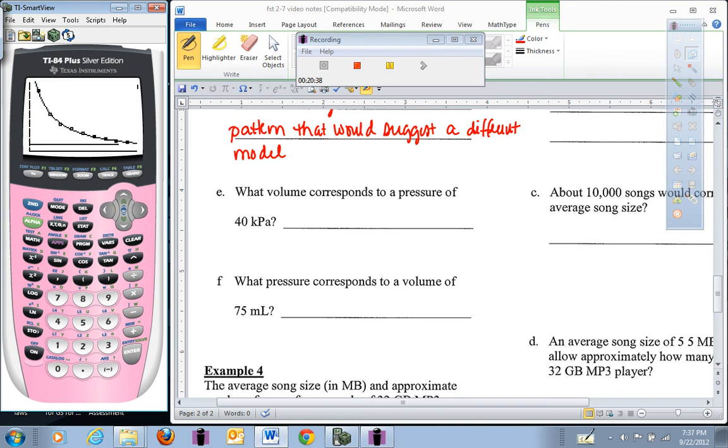Oh, it doesn't quite meet up though, does it? Well, maybe it does and maybe it doesn't. I can't really tell. So I'm going to give myself some more room out here on my window. So I think I'll go out to 120. Give myself a little more room. Let that be graph.